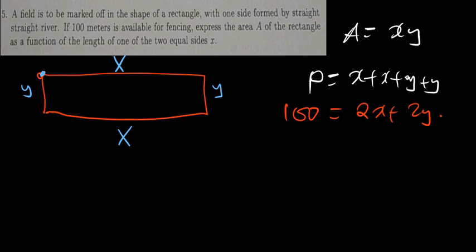That's the reason why I've concluded that 100 is the perimeter, because it's the total meters which I have to fence the whole rectangle.